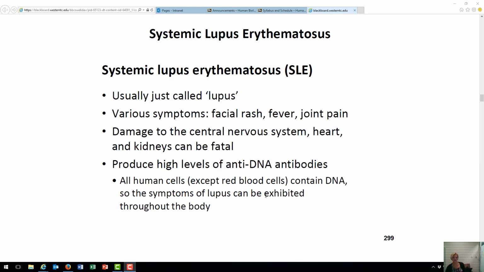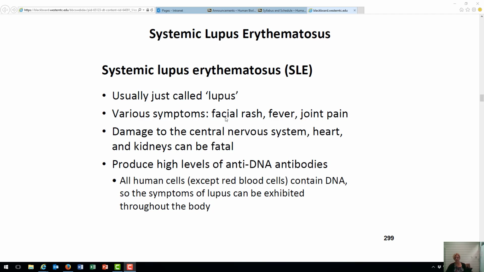Lupus is another one. It causes the body to produce high levels of anti-DNA antibodies. So what happens is all body cells have DNA, so when all the body cells are being attacked by these antibodies, we see system-wide symptoms of lupus. So it's called systemic lupus erythematosus.